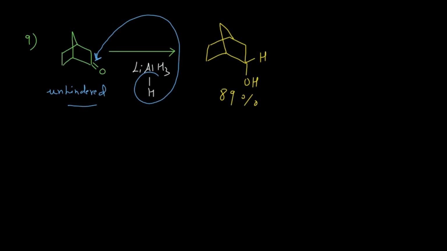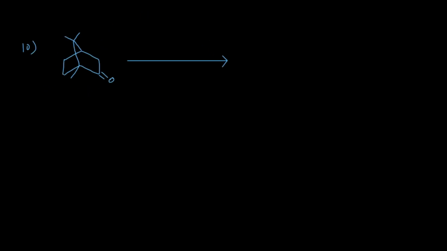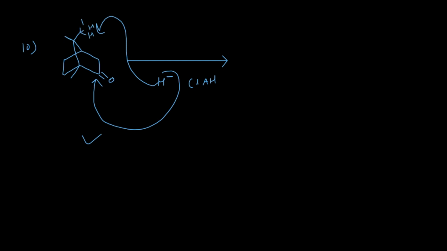Initially there were no groups present on this bridgehead position as well as on this particular position, but in my new problem I have introduced these two here and one here. So what will happen here? Due to this, the endo phase is more acceptable, and this cannot attack from here because these are the methyl groups, hydrogen, hydrogen and hydrogen here, and this again H, H and H. So due to this steric hindrance, the exophase is not a very good idea for this hydride to approach.